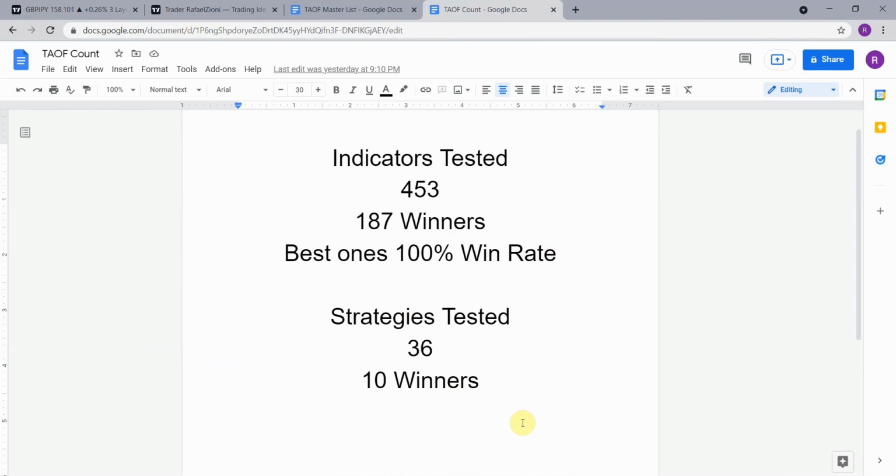We have also tested a total of 453 indicators, with 187 of them being winners. The best ones so far were able to achieve a 100% win rate. Now you need to go back and watch those videos to understand the context of how they were able to achieve that. So go back and watch those videos and see what you can get out of those winning indicators.